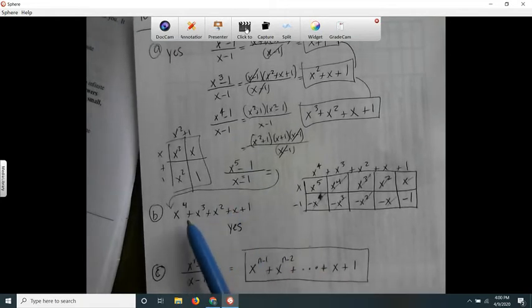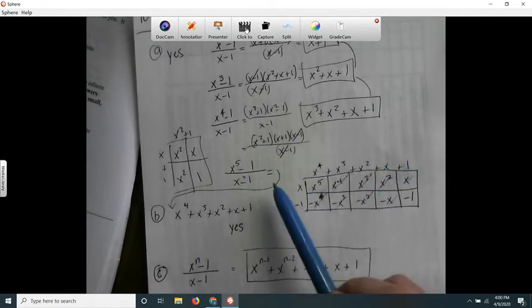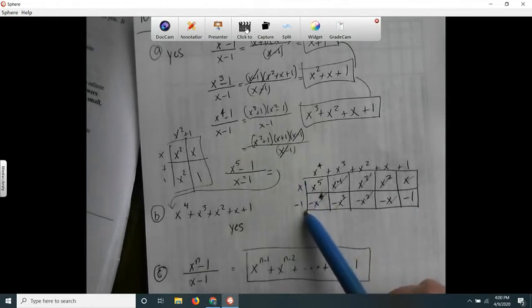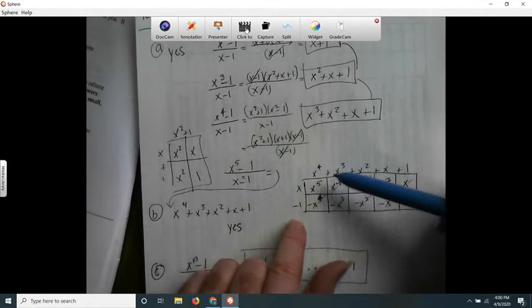So that's what I did here. This one right here is across the top of my area model box, and this one is the divisor.